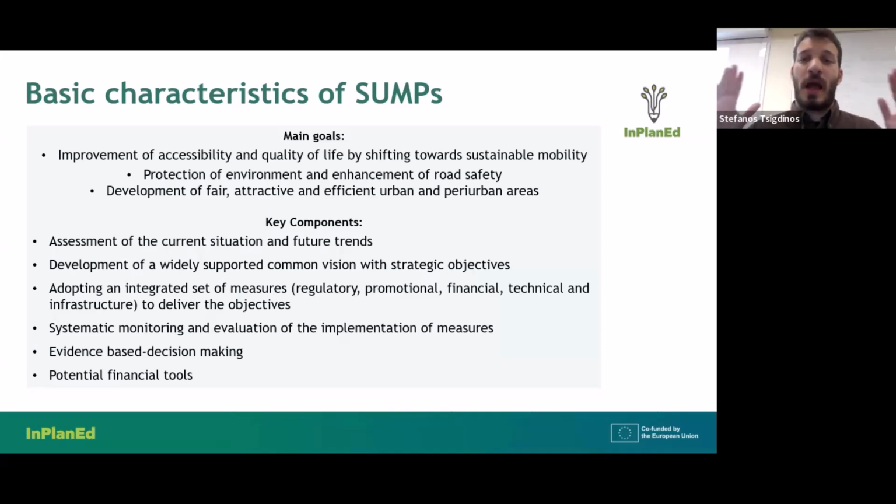These measures could be regulatory, promotional, financial initiatives and incentives for promoting our sustainable mobility schemes, technical, and of course, infrastructure. So we see different kinds of measures.